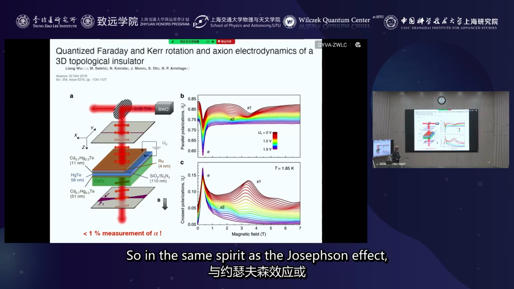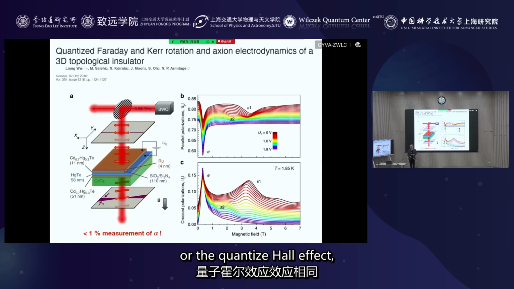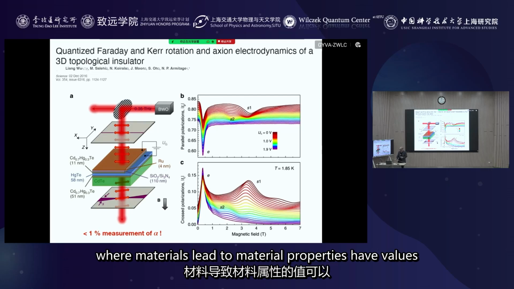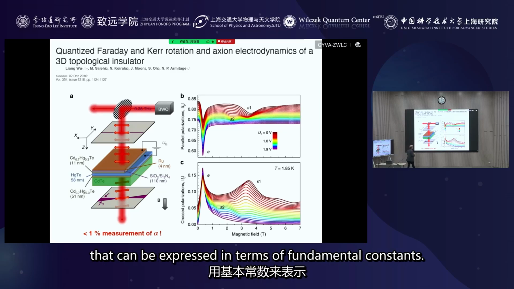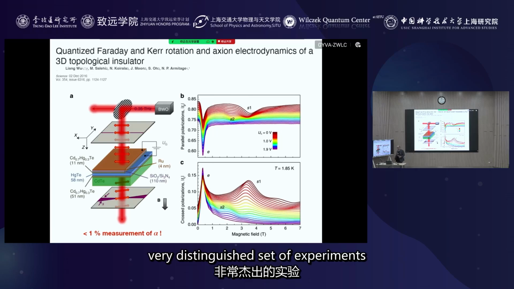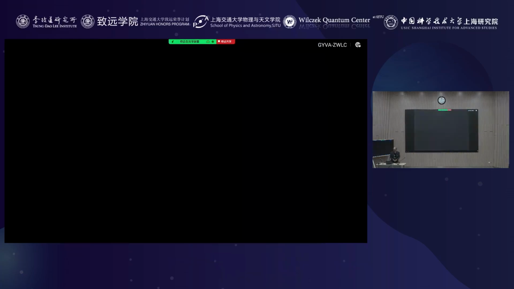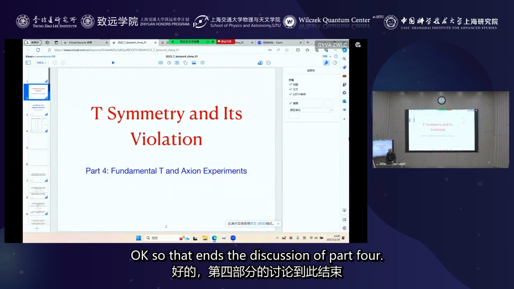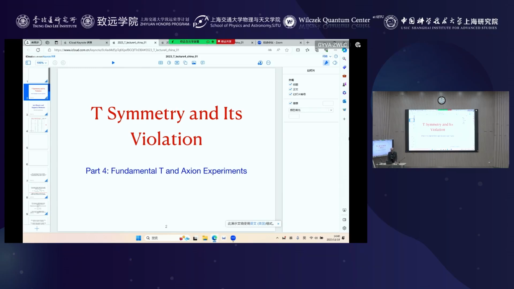So in the same spirit as the Josephson effect or the quantized Hall effect, where material properties have values that can be expressed in terms of fundamental constants, this is another of that very distinguished set of experiments. Okay, so that ends the discussion of part 4.